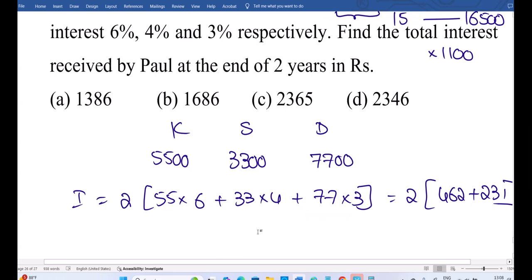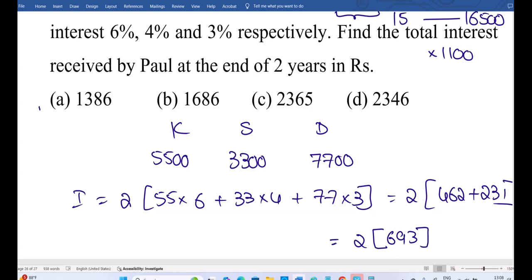This is 231 only, correct? This is 330. So 2 into 693. If we double, we get 1386. Option A. The interest will be 1386.